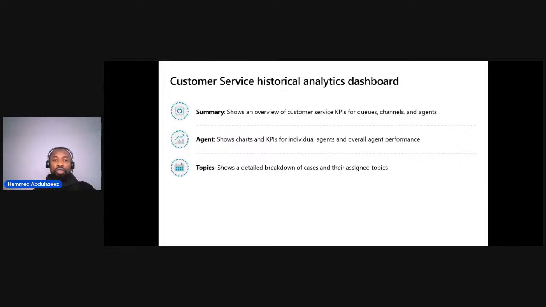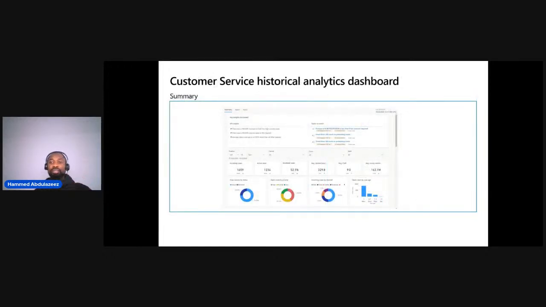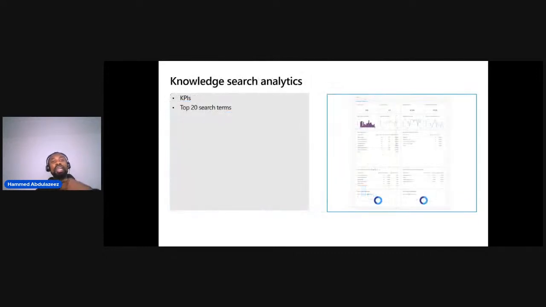The topics show the details of the breakdown of cases and the assigned topics as well. You know, so this is the dashboard, which I'm going to show you. I don't want to waste too much time on this one. And then we also have the knowledge search article, which I've explained earlier.